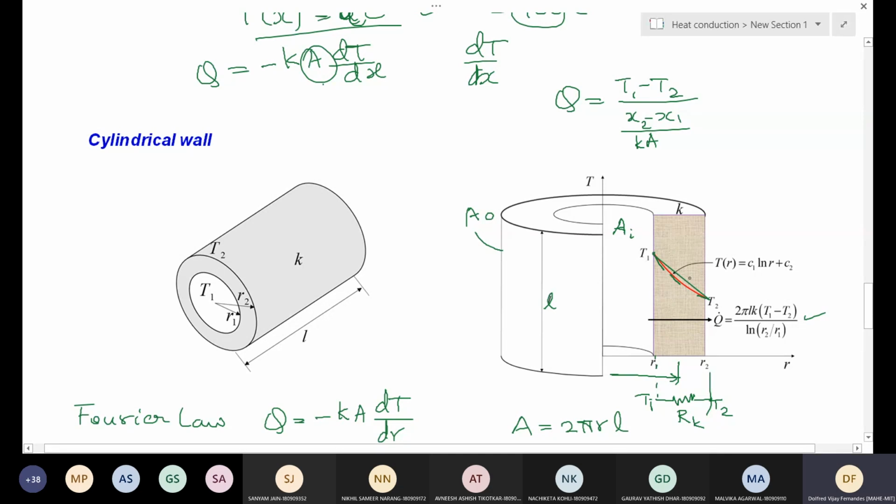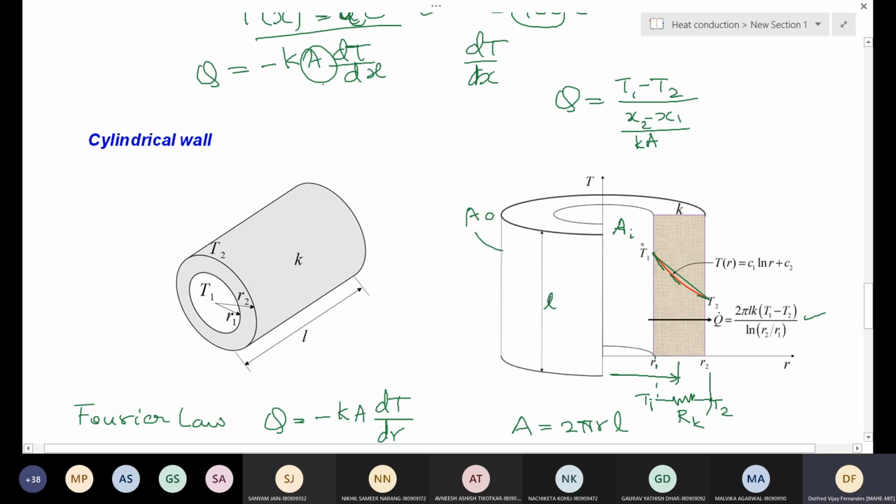For the planar, the gradient dT by dx will remain the same. For the cylindrical, it is more than dT by dx. So that is the trick. There you will know exactly why the rate of heat transfer for the cylindrical wall is more.